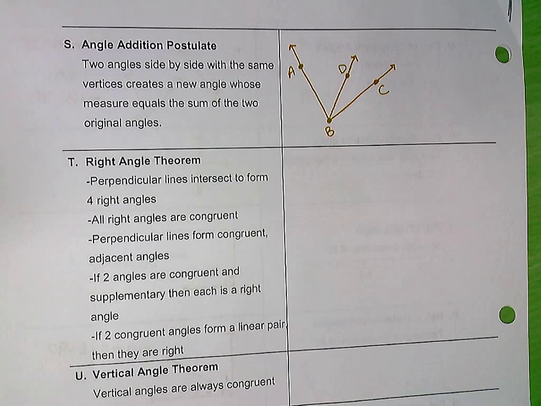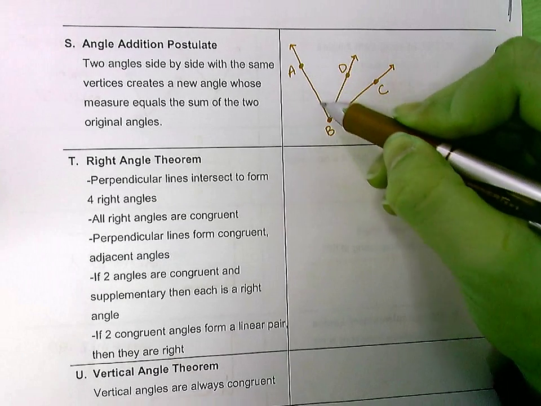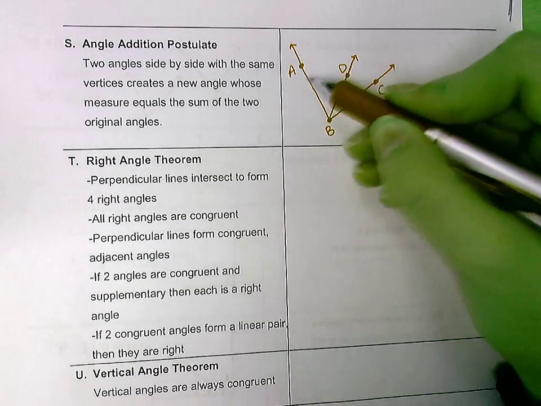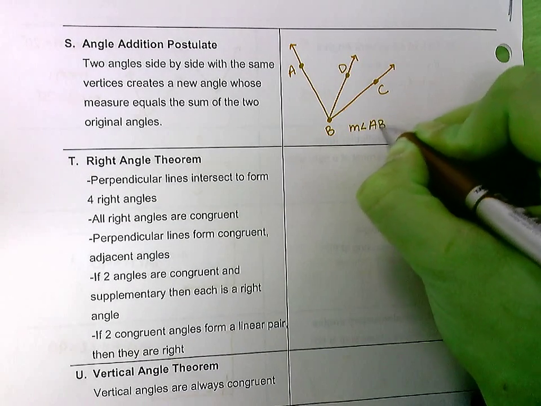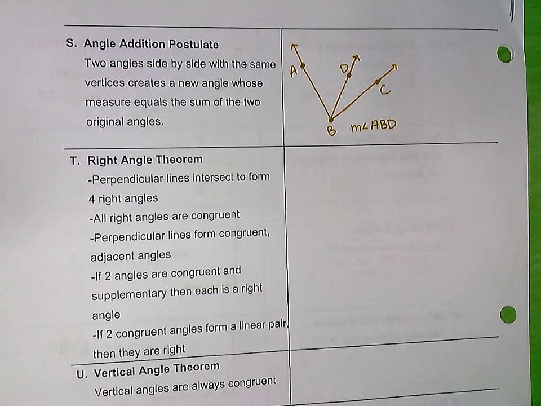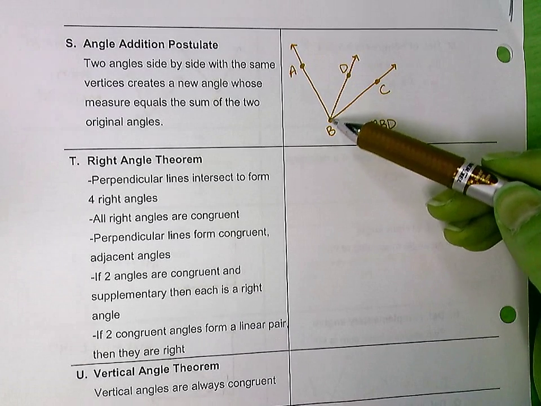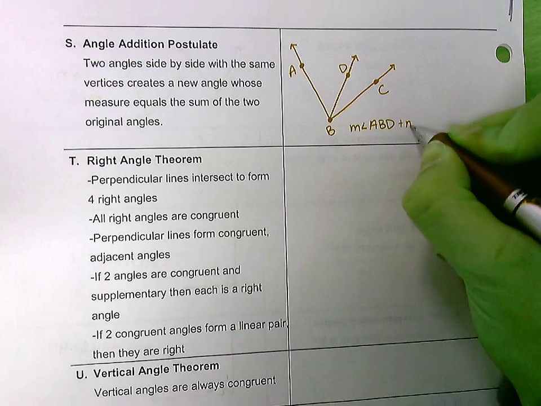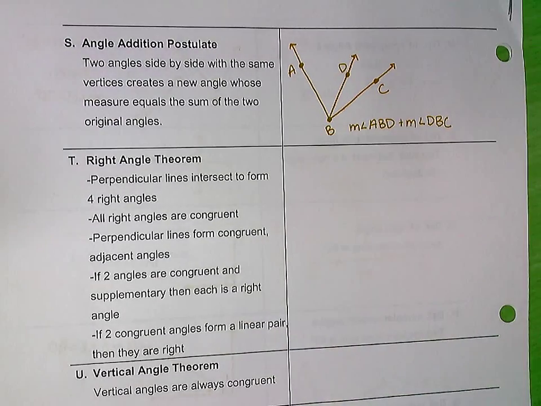According to this angle addition postulate, what I can do is take this angle ABD, that first angle there. So we're going to take the measure of angle ABD, and we can add on this second angle right here, angle DBC.